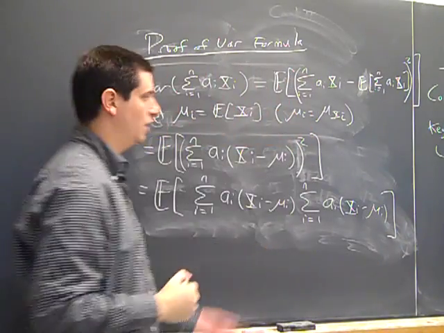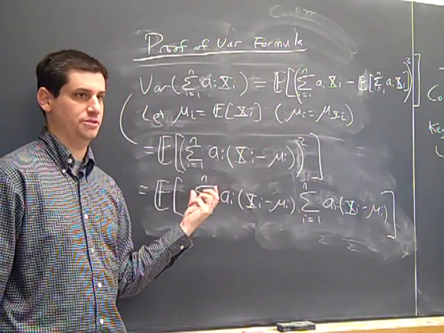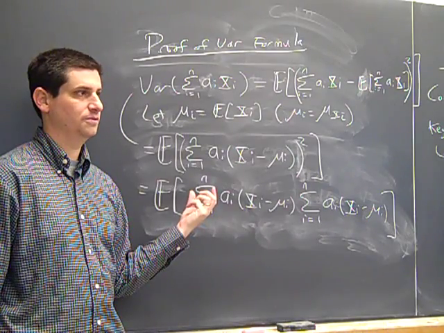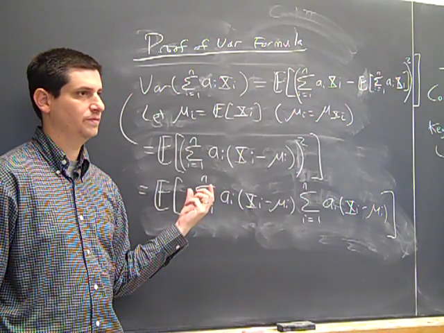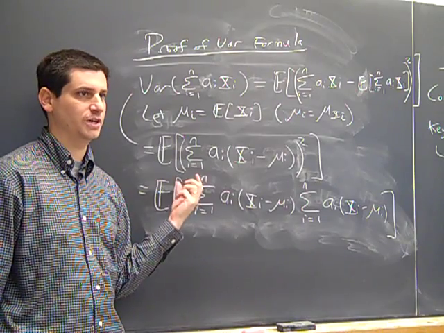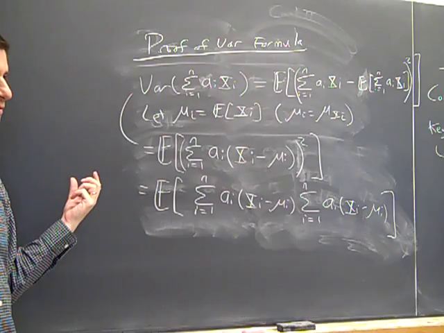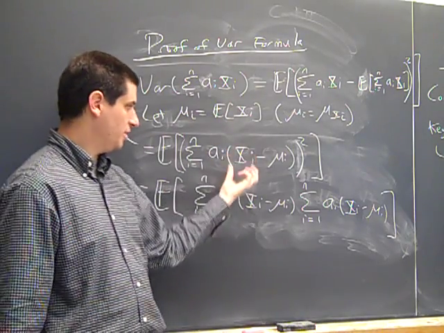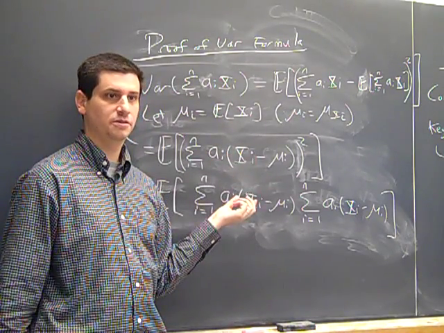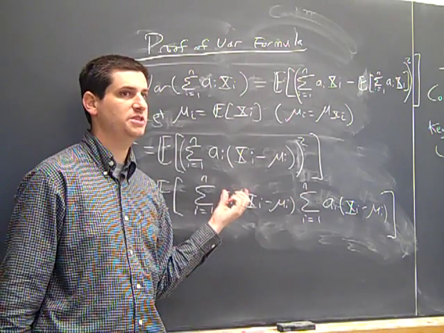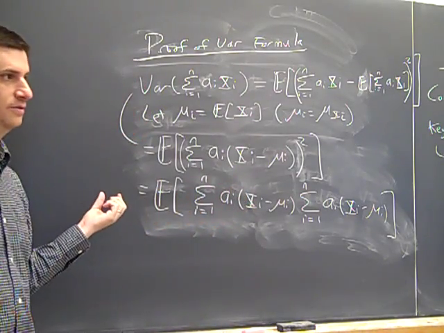Is that correct? I have this squared, so I just wrote it twice. Correct or not correct? I'm supposed to square it, so I multiply by itself, right? This is one of the most common mistakes in the subject. What did I do wrong?